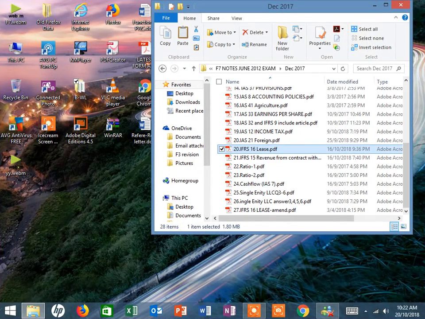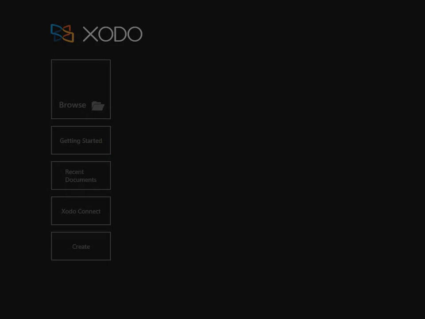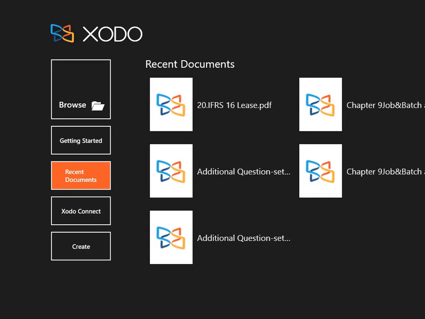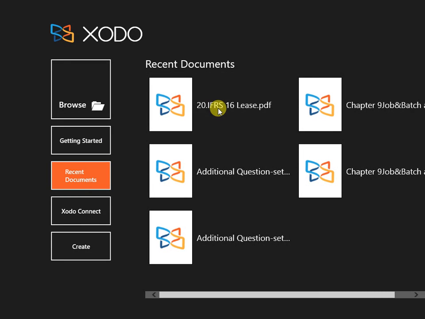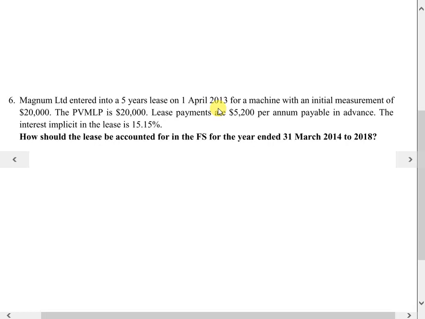Okay. Question 6. Magnum entered into a 5-year lease for a machine with initial measurement of 30, the present value of minimum lease payment.